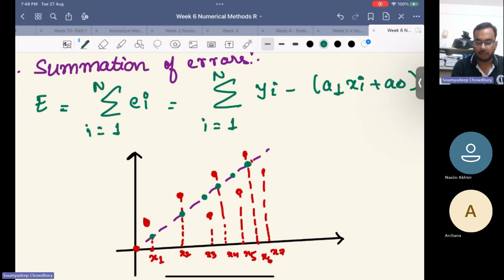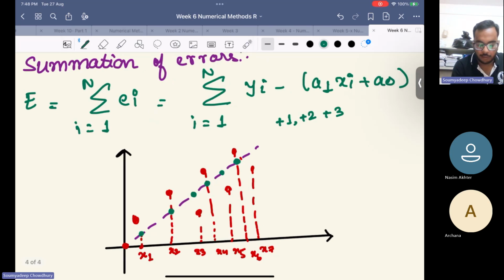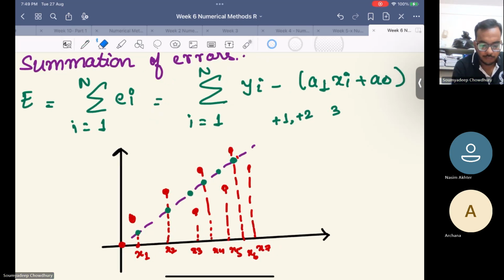Basically, suppose the errors are +1, +2, -3 for x1, x2, x3. For x4 it is positive, say +4. For x5 it is again negative, so -5.